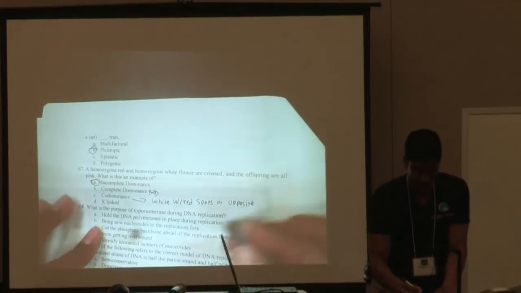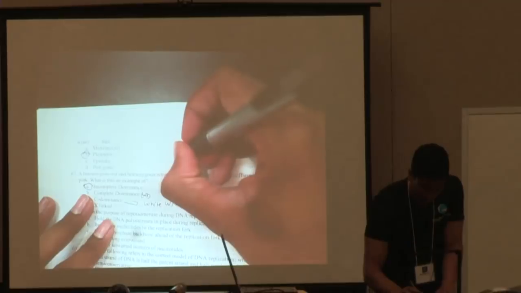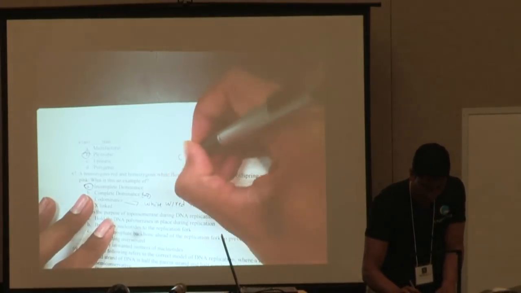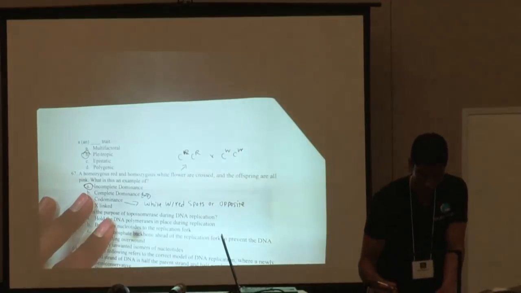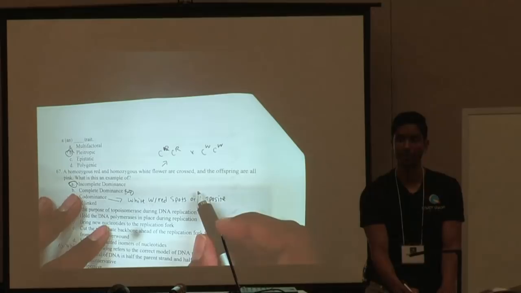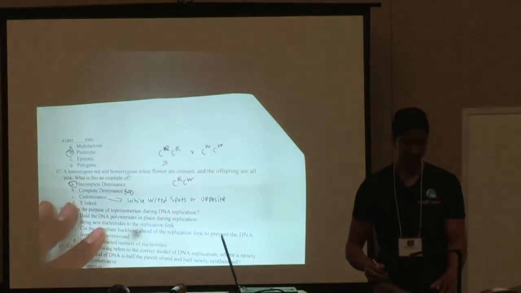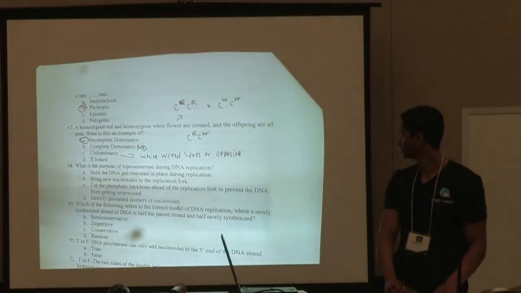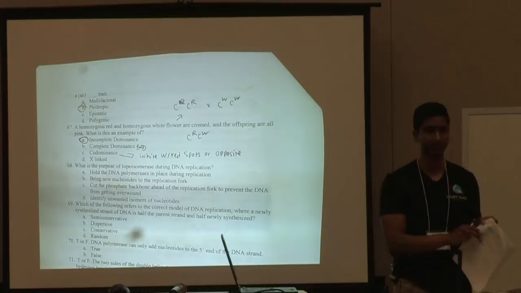So another way to tell that this is an incomplete dominant trait is it would be written as homozygous red would be CR, CR, and white would be this. So what would the resulting generation be? RW, good. That makes sense?